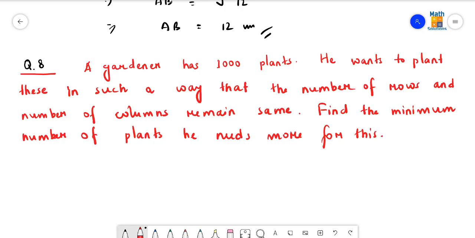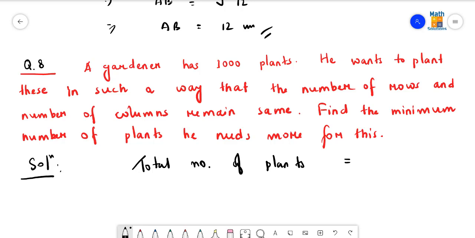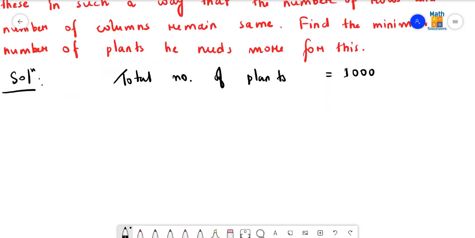So here in this case we have the solution part. The total number of plants that he has is 1,000 plants. So in this case specifically what is given? Number of rows is equal to number of columns.